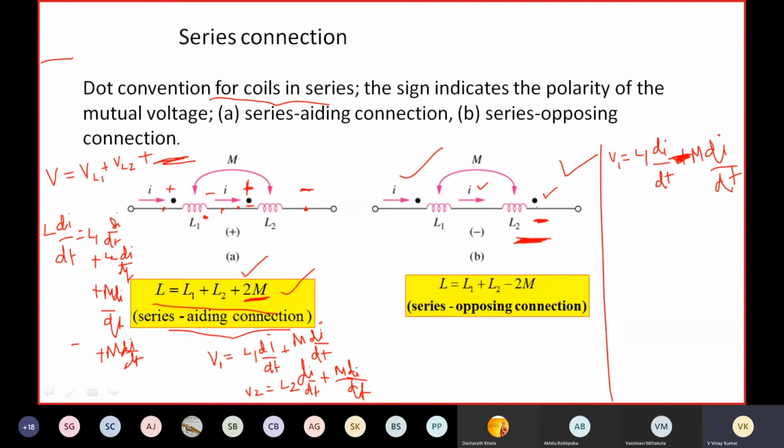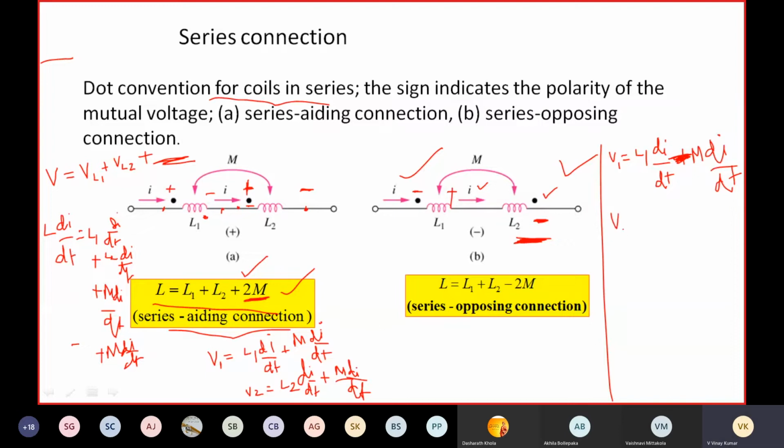If current is leaving the dotted terminal of coil 2, what will be the mutual induced EMF? The mutual induced EMF will be negative at the dotted terminal. So we are going to get minus M di by dt.